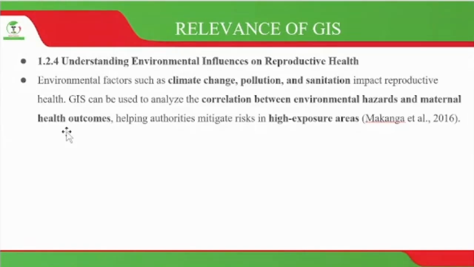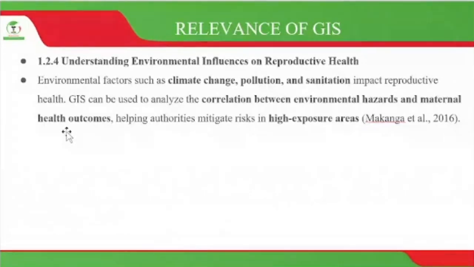And lastly, for the relevance of GIS, we're saying that it helps us understand environmental influences on reproductive health. For those who are not specifically looking at reproductive health, some of you are looking at public health, businesses, nutrition, or livelihoods.